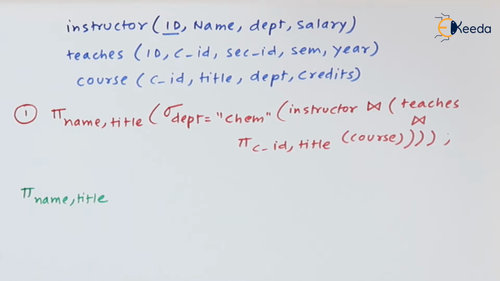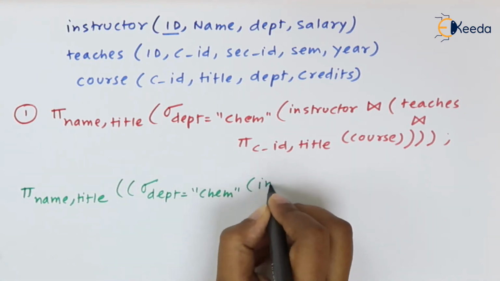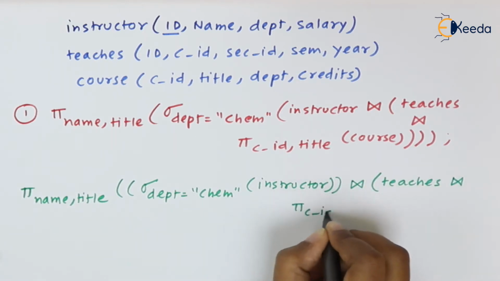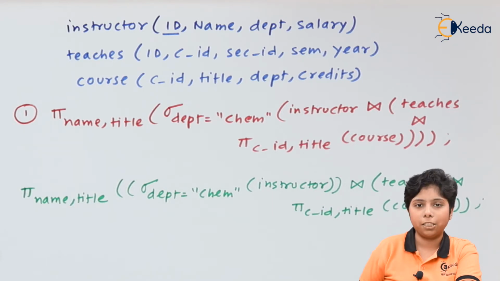Now we can apply our equivalence rules to solve this query transformation. Let us look at this relational expression.